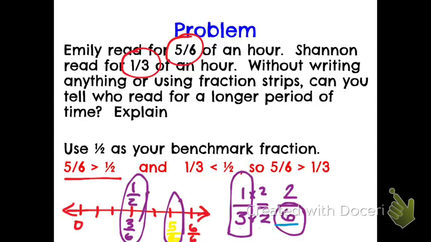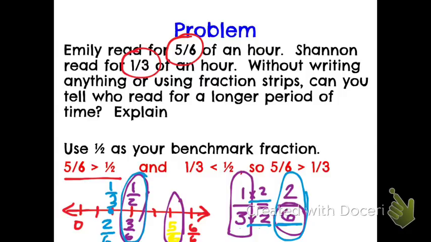Well, 3 times 2 would give me 6, so whatever I do to the bottom, I have to do to the top. So 1 times 2 would be 2. So it would be 2/6. So this spot right here, which would be 2/6, would be equivalent to 1/3, which shows me that 1/3 is less than the 1/2 that I have right here.